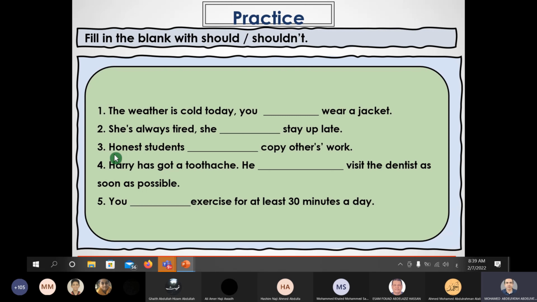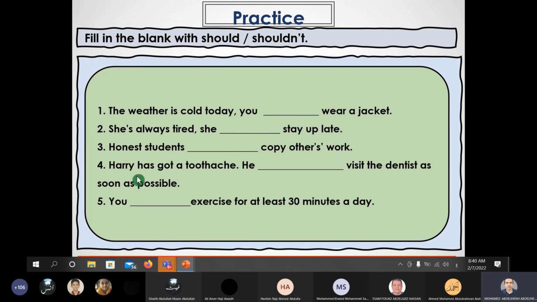Some students miss this word and say it with an H sound. No, honest. This is important. Honesty means a good boy, loyal, and so on. Honest students what? Copy others' work. Honest students should or shouldn't copy others' work.